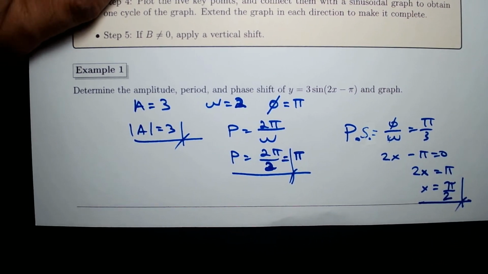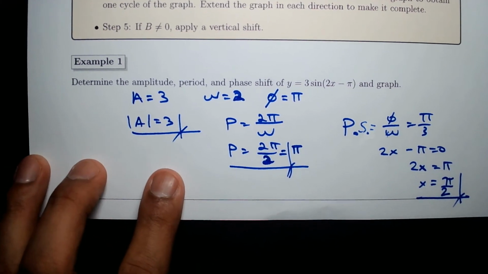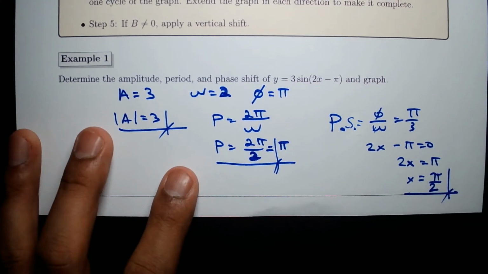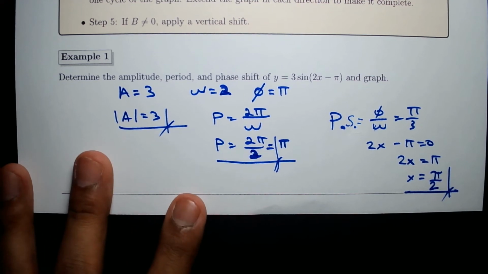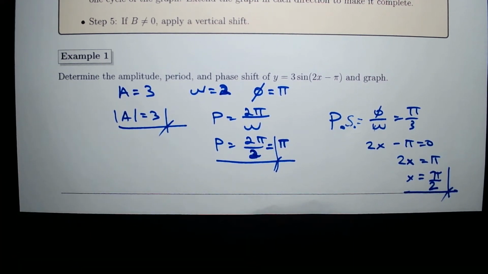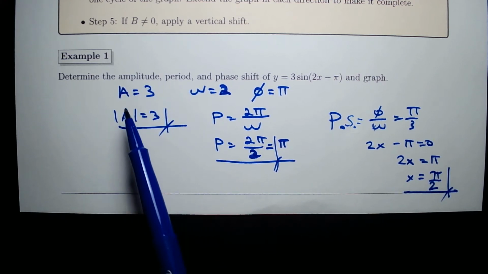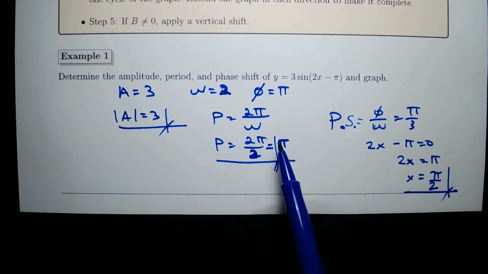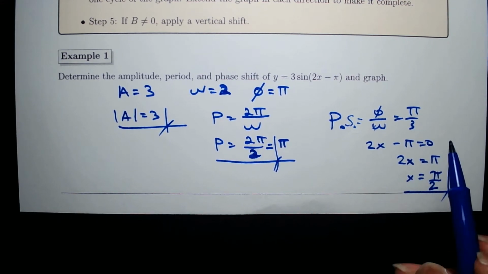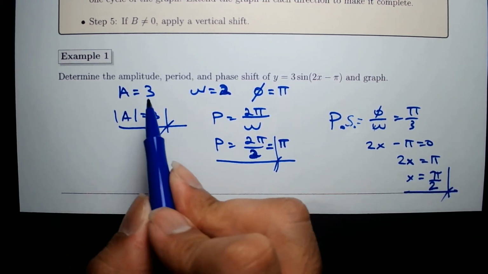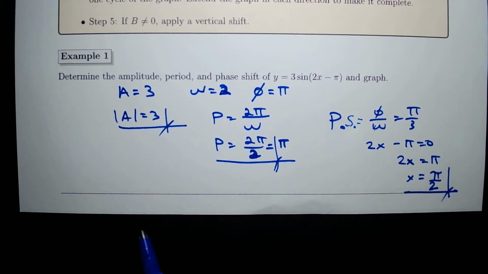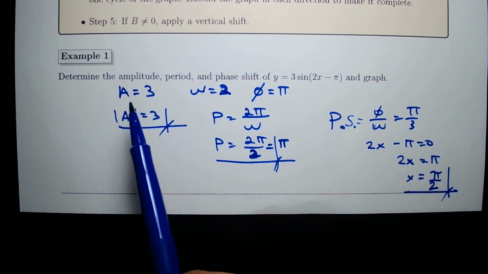Okay, so what is this going to do? Instead of going through the process of changing every single key point, if you want to do it in your leisure time, that's fine. But the ultimate goal is to understand the vertical stretching, the period, which is the horizontal stretching or compression, and the amplitude, where there can also be compression.